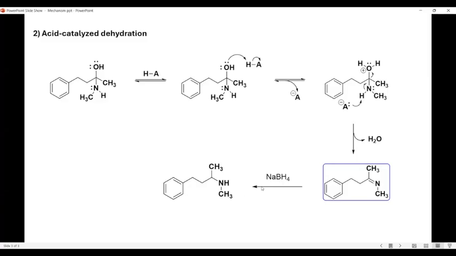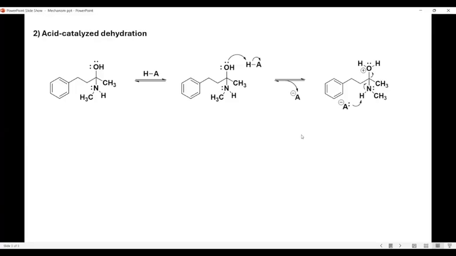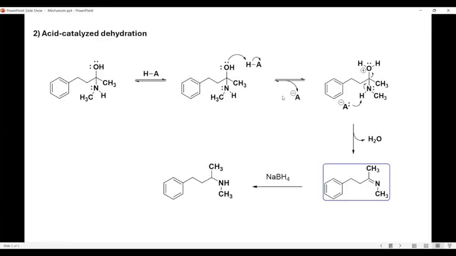So yeah, it starts with a nucleophilic attack, then dehydration, and then finally a reduction to make the amine, reductive amination. But in the context of this question, the final product would be this. That's the answer.